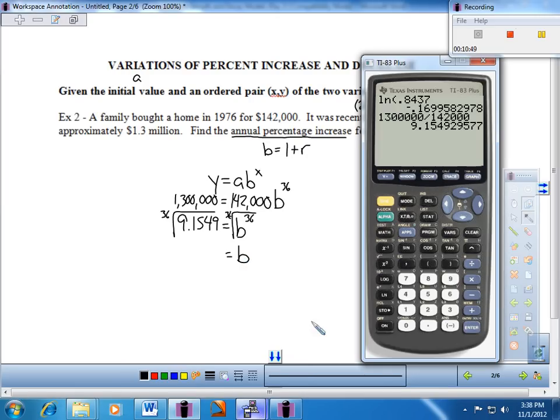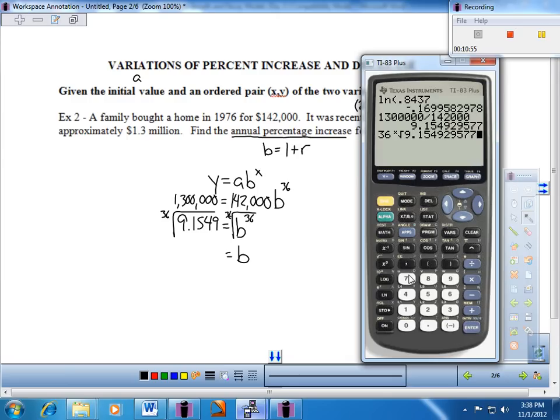Let's see how it plays out. So if you remember how to do this on the calculator, you're going to hit 36, go to that math menu, and there's the x root. And let's see again, maybe I can get a few more decimal places in here. 9.154929577. What the heck, I'll just put them all in there.